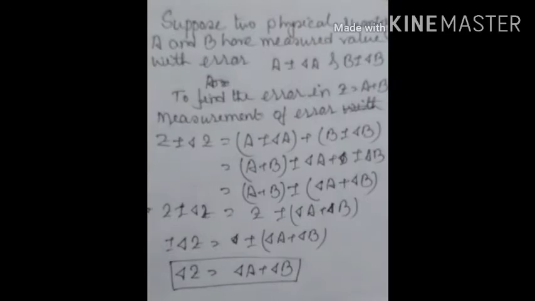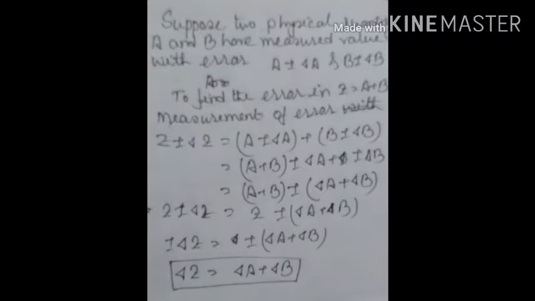How can we calculate the percentage error? Suppose two physical quantities a and b have measured values with errors a plus minus delta a and b plus minus delta b. Error can be positive or negative also. This is why we consider plus and minus. To find the error in z equal to a plus b.